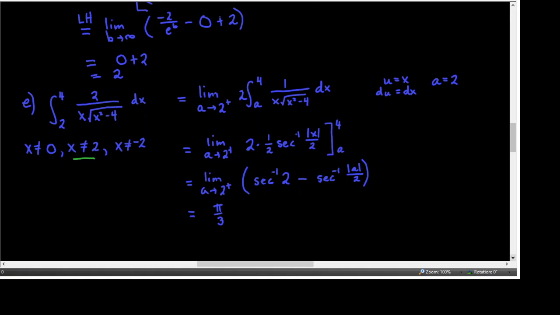And then we try the second one by substitution. As A approaches 2, we can use substitution, and secant inverse of 2 over 2 will be 1. Secant inverse of 1 is 0. And so this ends up being pi over 3.